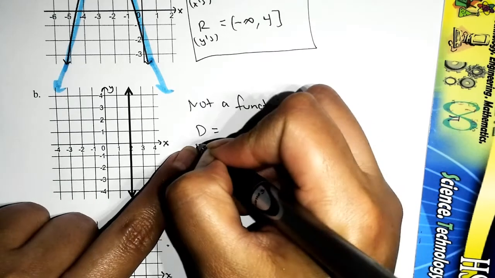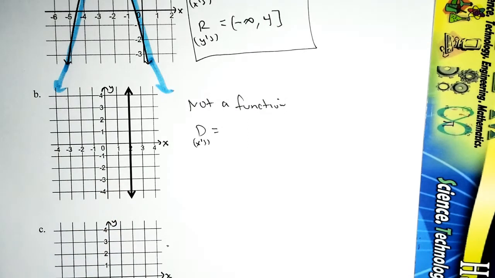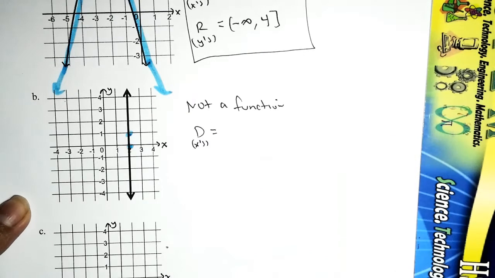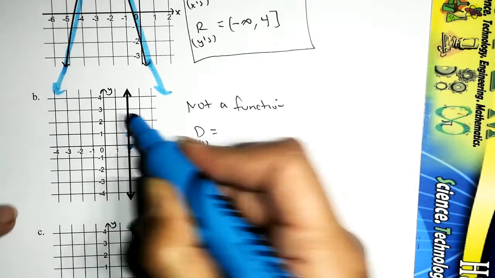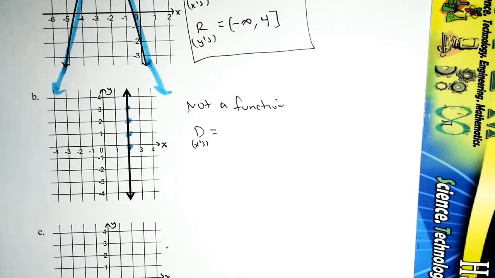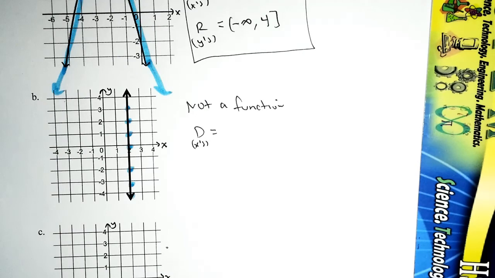What is the set of all x values that are used to create this graph? Well, this point right here, we have x equals 2. What about this one? x equals 2. Oh my goodness, x equals 2, x equals 2. It doesn't matter where we are on this vertical line, the value of x is always 2. So what is the only input value that is used to create this graph?